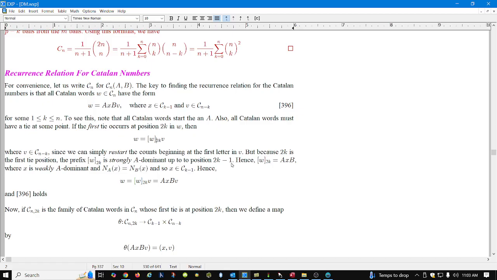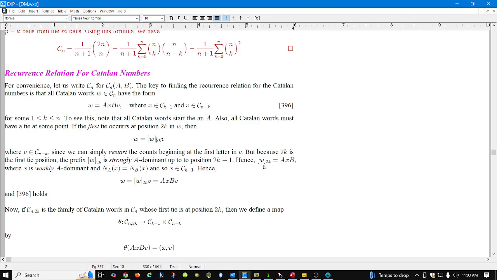There are no ties anywhere, and the tie comes at position 2k, and so there actually have to be more A's than B's, strictly more, up to and including position 2k-1.